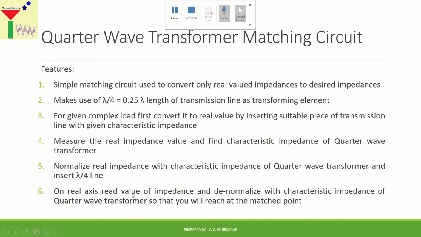On the real axis we will read the value of impedance where the quarter wave transformer intersects, and then we denormalize the real value with the characteristic impedance of the transformer, so that ultimately it results in the characteristic impedance of the transmission line.